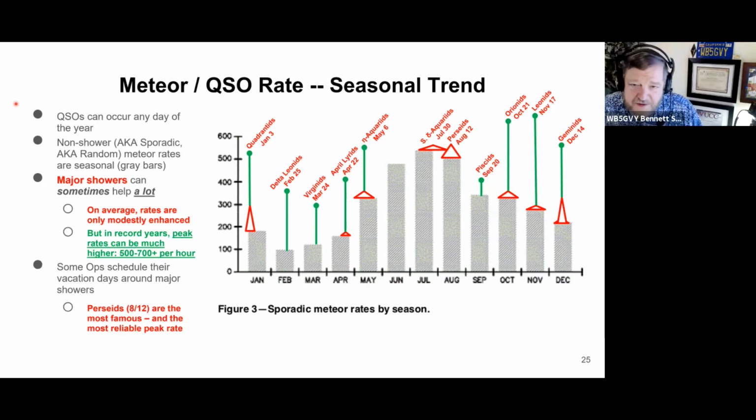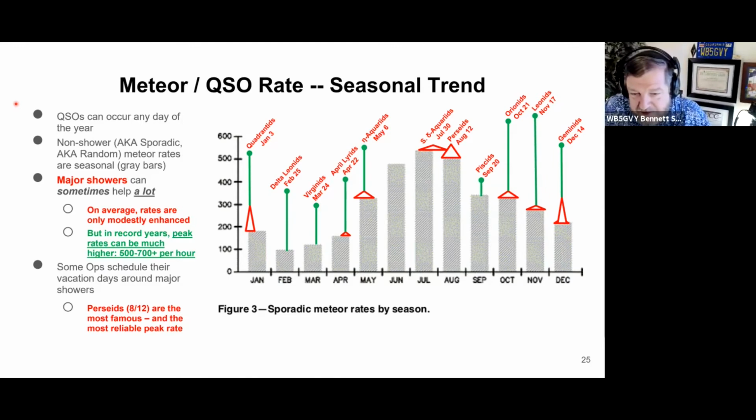Again, the sizes of these red triangles are averages. There's no guarantee that a given meteor shower will produce this number of meteors in a given year; it varies from year to year. In fact, what the green lines show are some historical peaks.